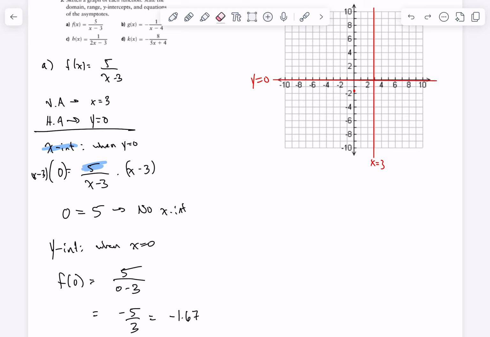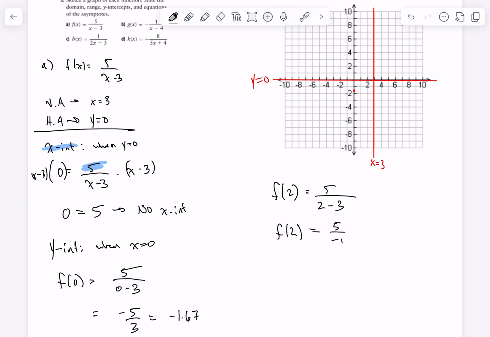What I'm interested in doing is evaluating the function at, say, 2. So f at 2 should give me some y value, and that's going to be 5 by 2 minus 3.